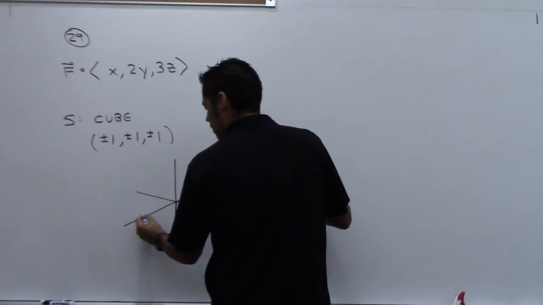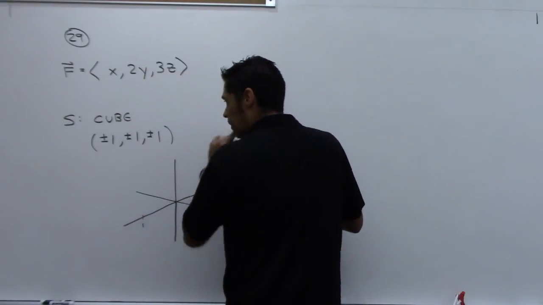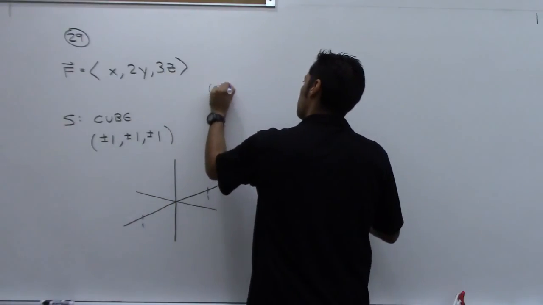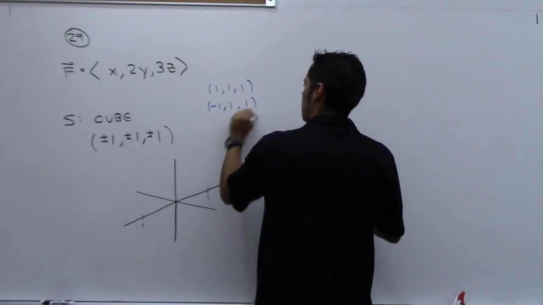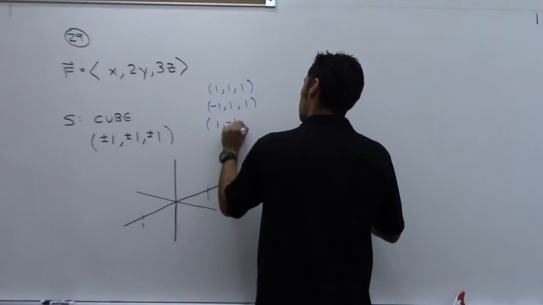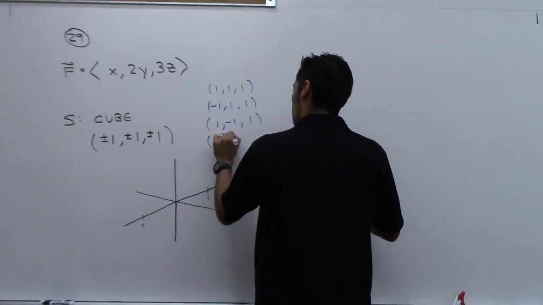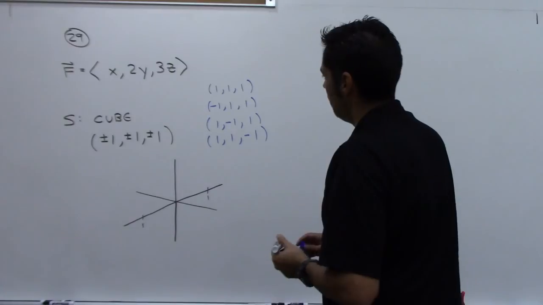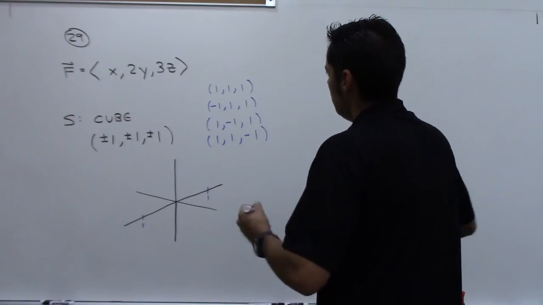Okay, this is our x, so if we do 1 and negative 1, okay, so let's imagine we have 1, 1, 1. We can have negative 1, 1, 1. We can have, let's see, 1, negative 1, 1. We can have 1, positive 1, negative 1. Let's see if we've got all the different combinations here. Negative, negative.